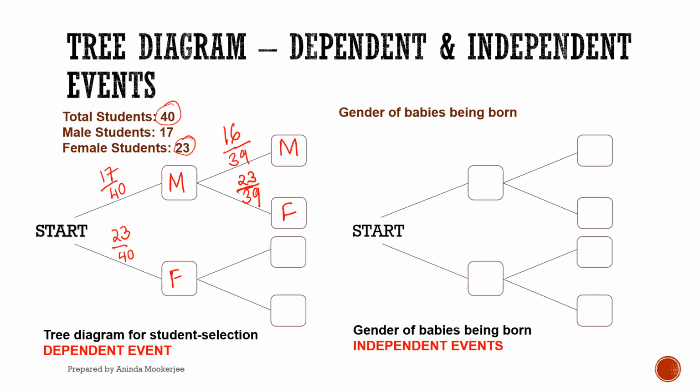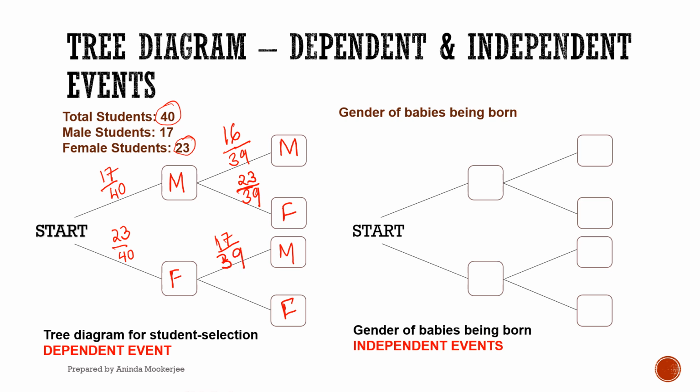All right, now considering that a female student was picked in the first draw, in the second draw we could pick either a male student or a female student, correct? What would be the probability of picking a male student given a female student was picked in the first draw? It would be 17 out of 39, right?